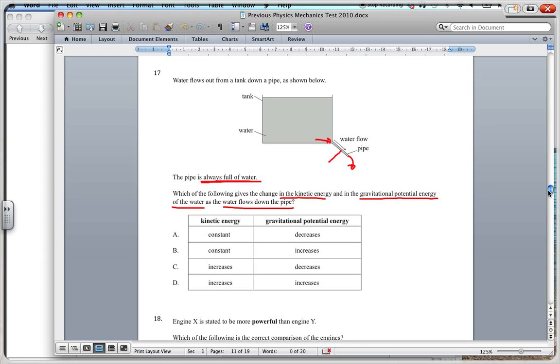So actually the velocity in this must be constant, and therefore the EK must be constant. But the potential energy is decreasing. So for 17, we're going to have a constant kinetic energy, but a gravitational energy that decreases. So the answer is A.